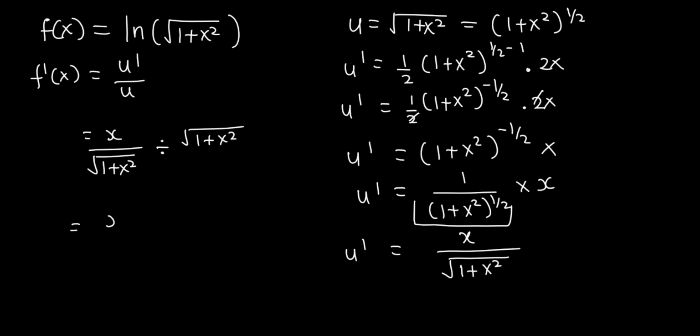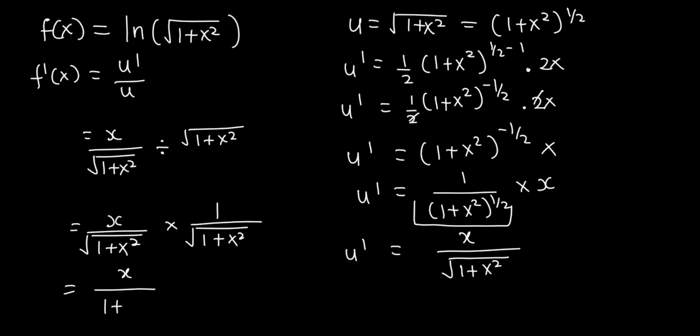I'm going to have x divided by the square root of 1 plus x squared, times 1 over the square root of 1 plus x squared. When you simplify this, we multiply this term here with this term here. When I do that, the square roots will cancel out, and then you're going to have x over 1 plus x squared. So this will be the derivative of this function.